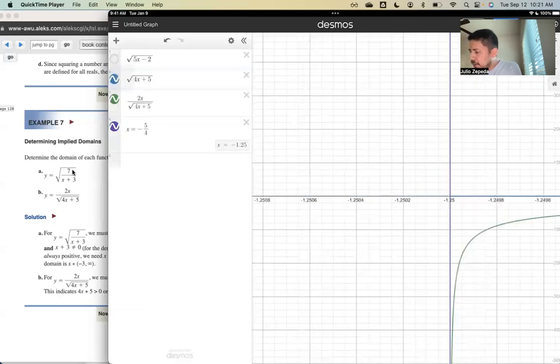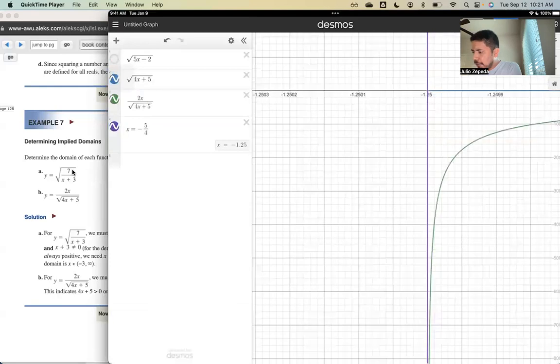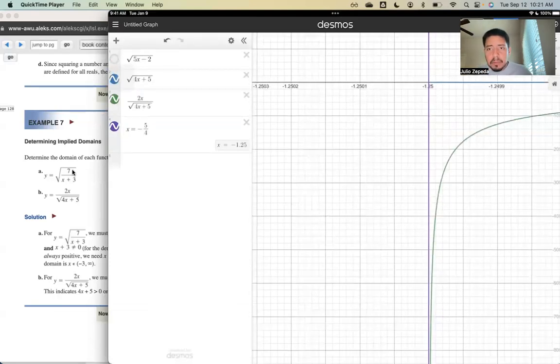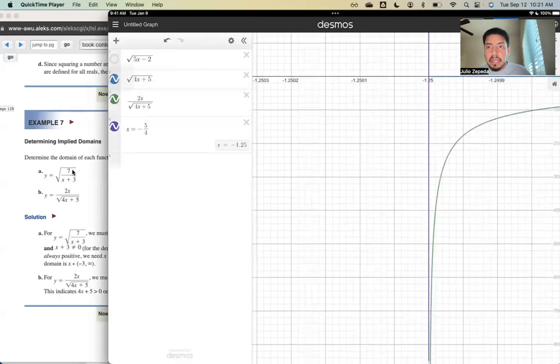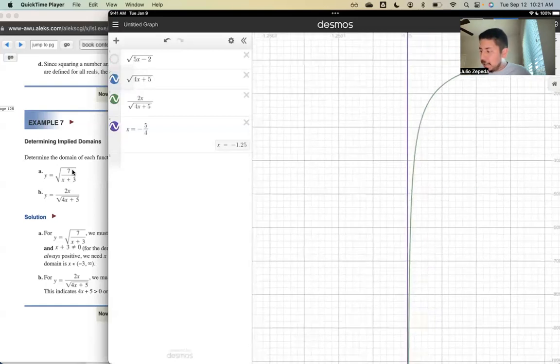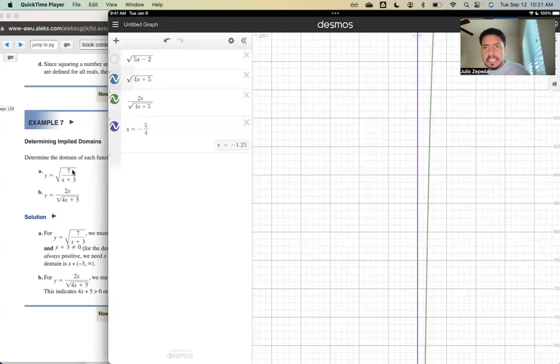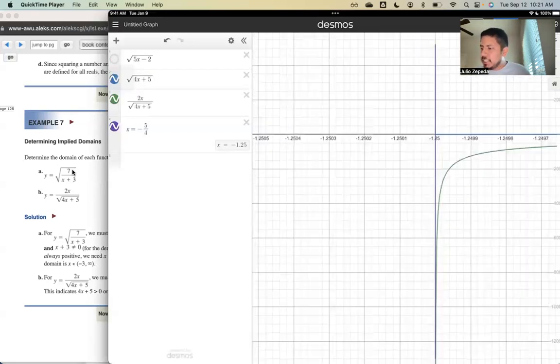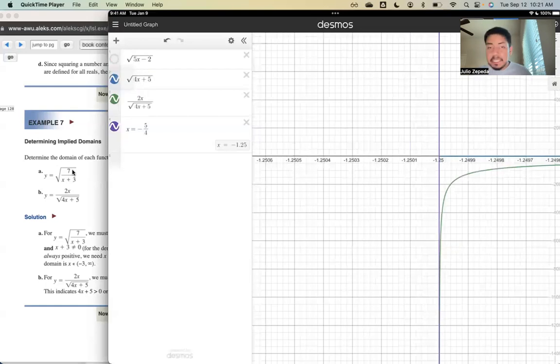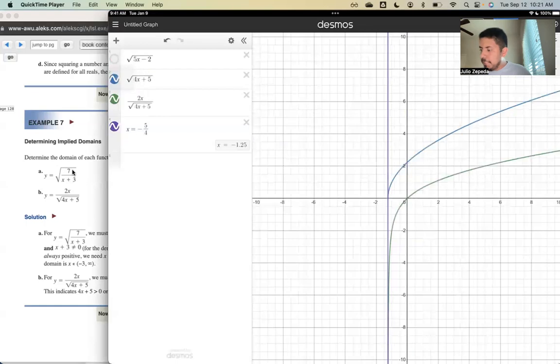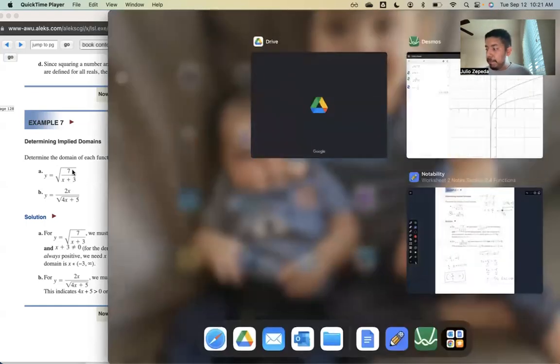If we zoom in further and further here, we can see that there is distance between the vertical line that has an x value of -5/4 and this graph here. So it gets closer and closer to -5/4, this function does, but it never actually touches it. And so that's why the domain is not including -5/4. It never touches -5/4 all the way to infinity. Okay, so you can see the difference there between those two functions. Pretty cool stuff there.